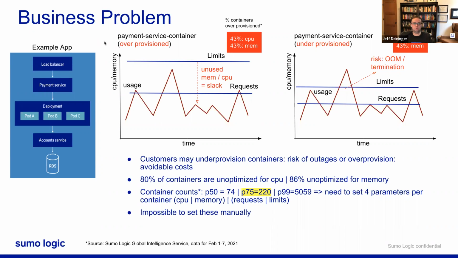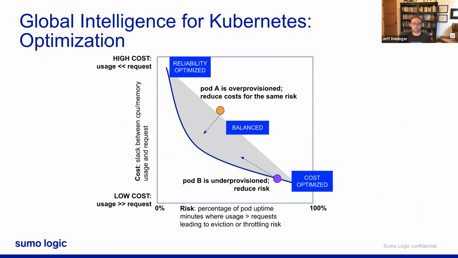And so what Sumo Logic is able to offer are some specific recommendations that let you strike a balance between cost and risk, where you can take a pod that is over provisioned and reduce costs for the same risk level. You can take another pod that's under provisioned and increase resources to reduce risk without exploding your cost.